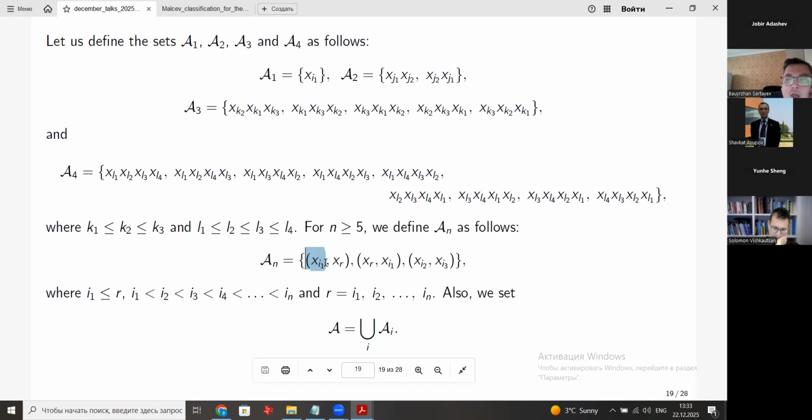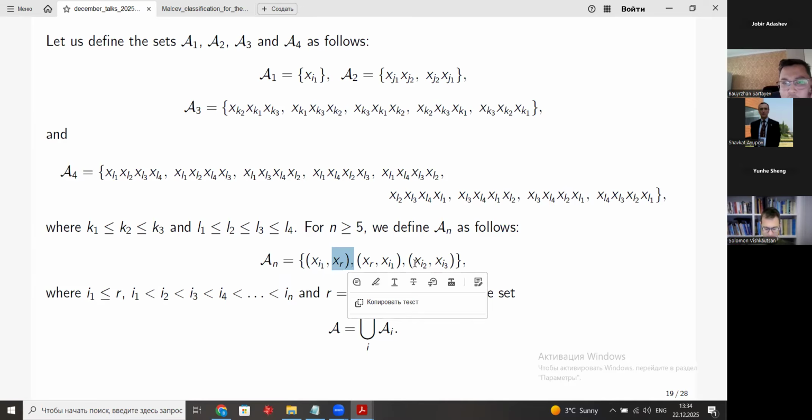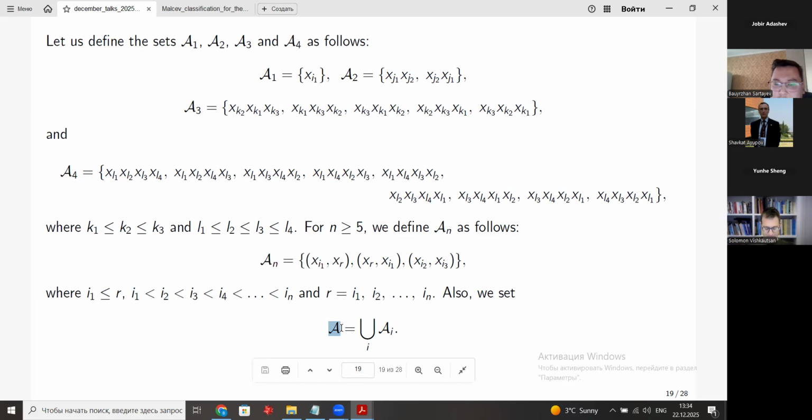So here we place the smallest index, and the pair to the smallest index can be any generator. We also add an additional monomial XI2, XI3. That is the set definition of An. Also, the big A is the union of all these sets.